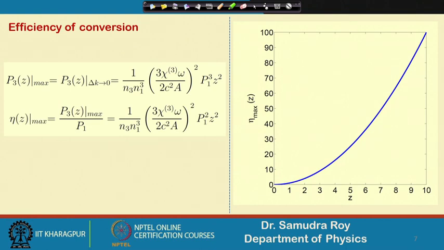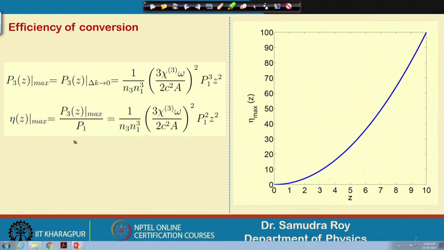So, now look at this curve. If I now plot the efficiency, which is nothing but the ratio of the power that is generated divided by the input power. So, this is the quantity we can define as efficiency, and now we write efficiency max, that means maximum efficiency I am talking about.